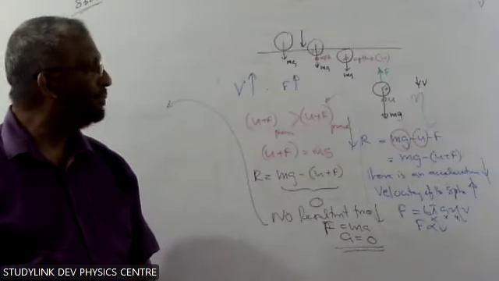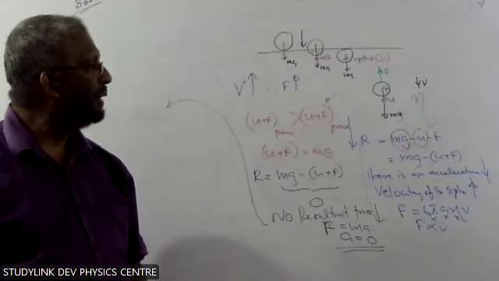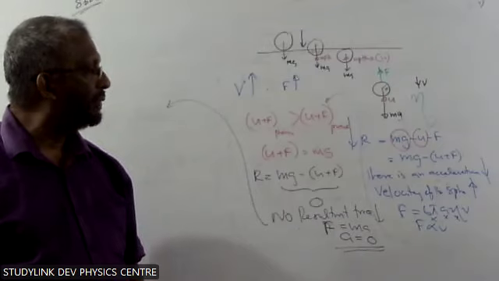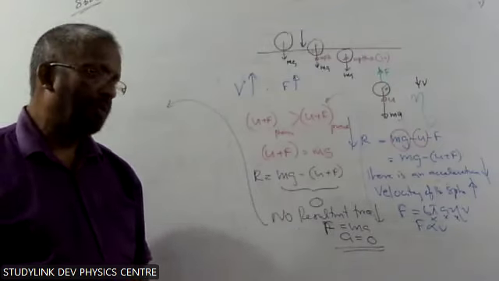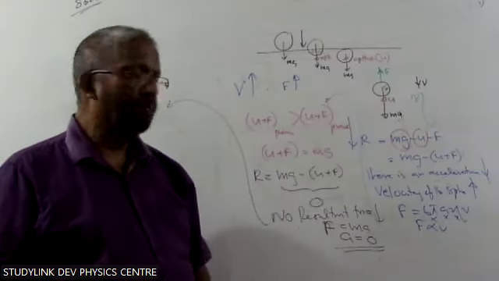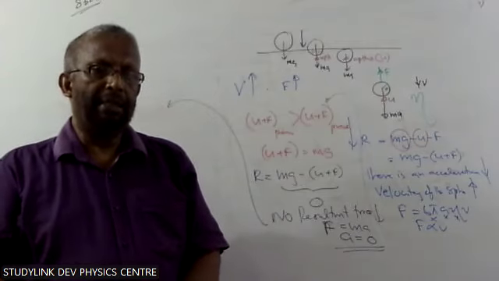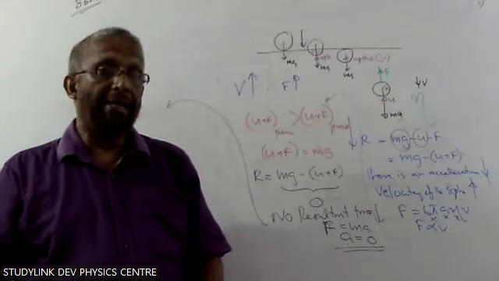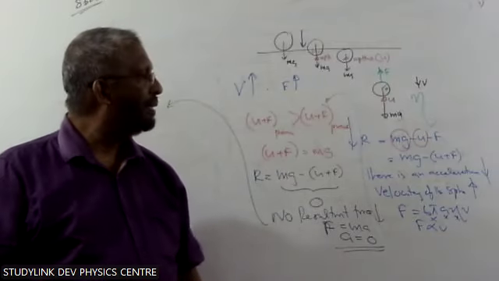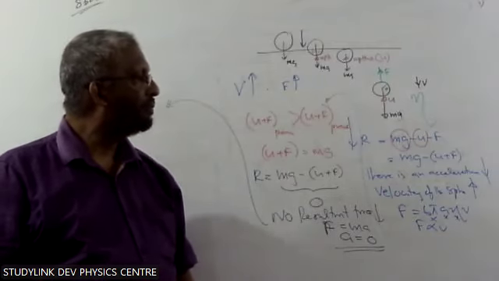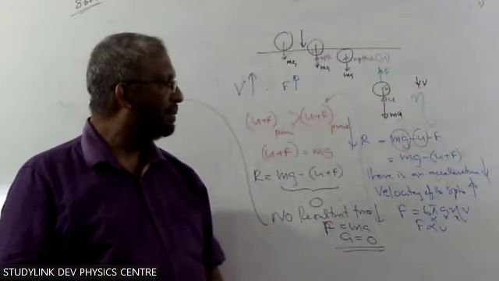Even when the sphere is inside the liquid further, upthrust is the same. It's a constant value. Normally, upthrust is equal to the weight of the liquid displaced by the object.